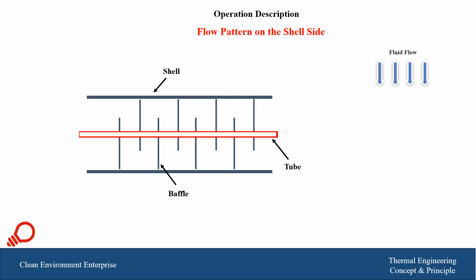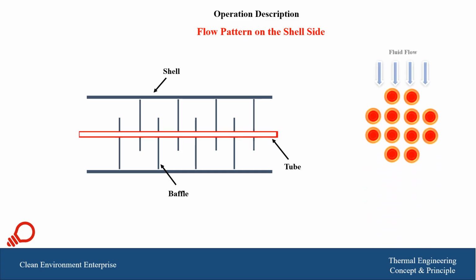Let us consider this shell is occupied by a tube bundle composed of 12 tubes with fluid passing on the external side. And let us take one of these tubes, as shown in the shell, just to show how the fluid flow patterns on both sides could be.